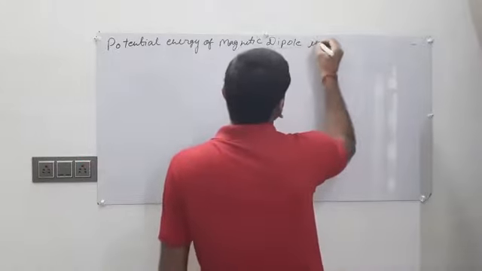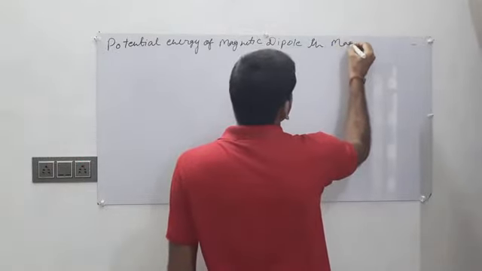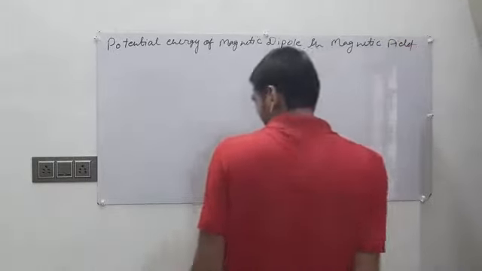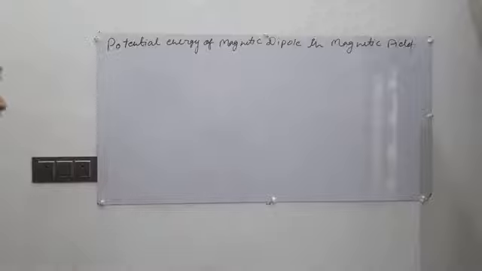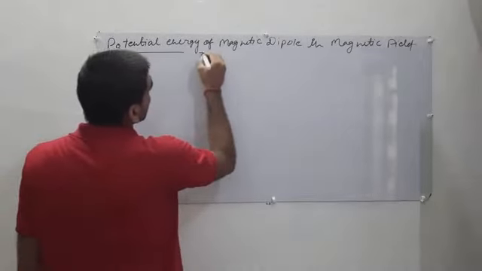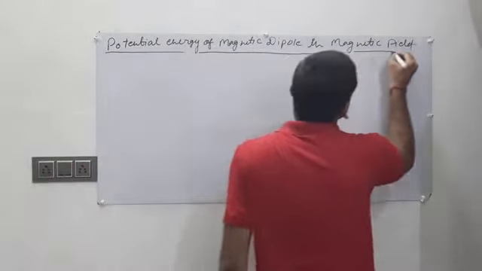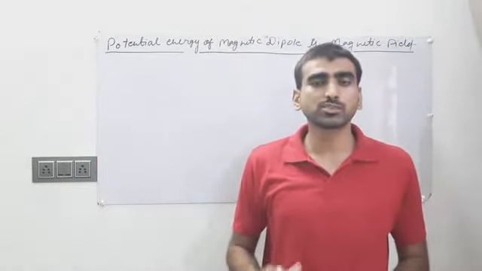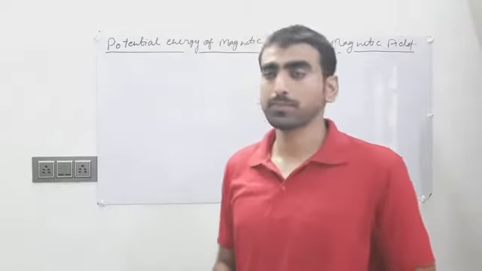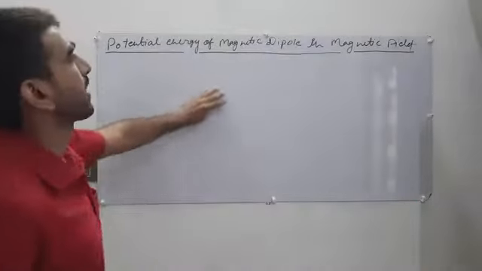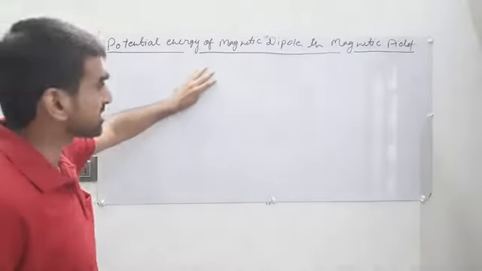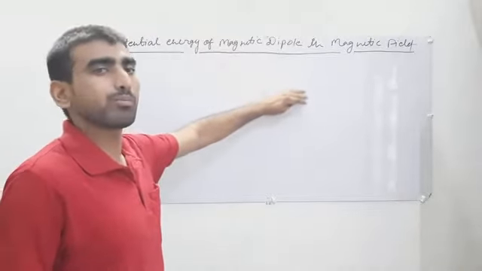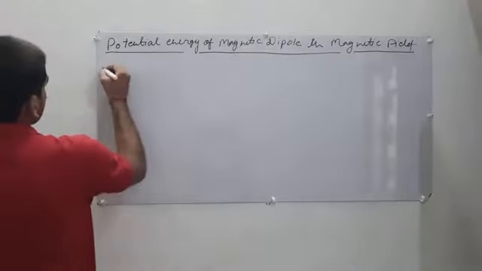What does potential energy mean? The energy possessed by anything due to its position is called potential energy. So the potential energy of a magnetic dipole is the energy possessed by the magnetic dipole due to its particular position in a uniform magnetic field.